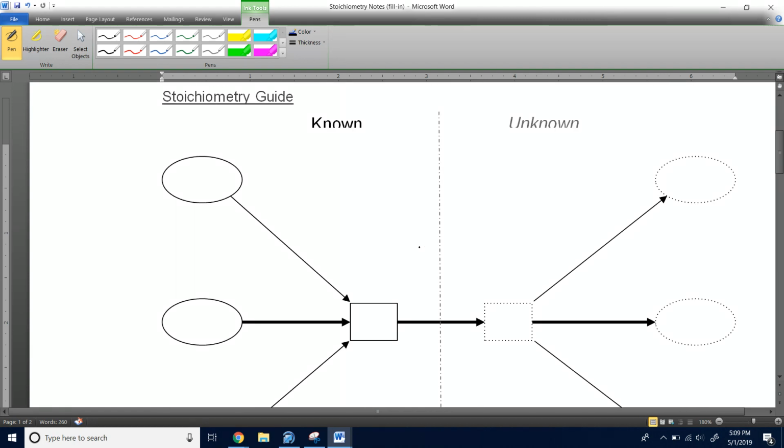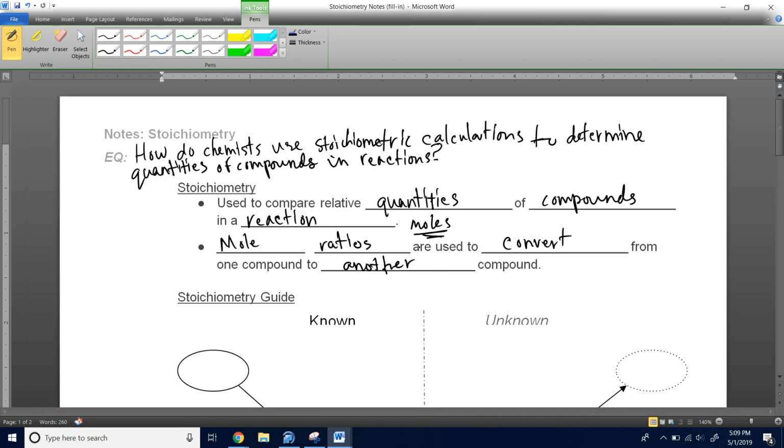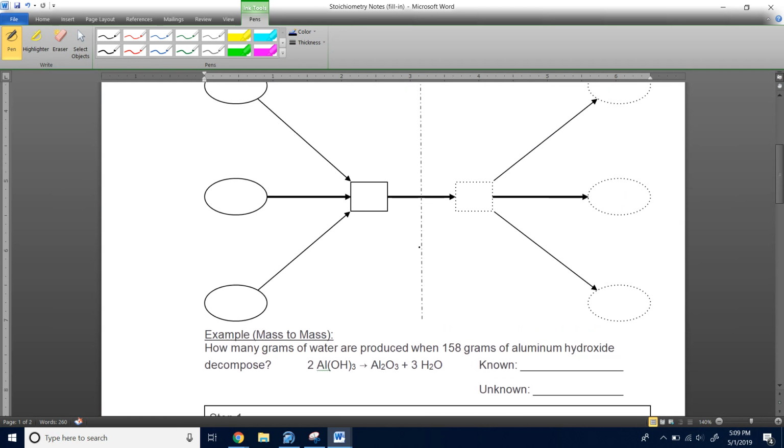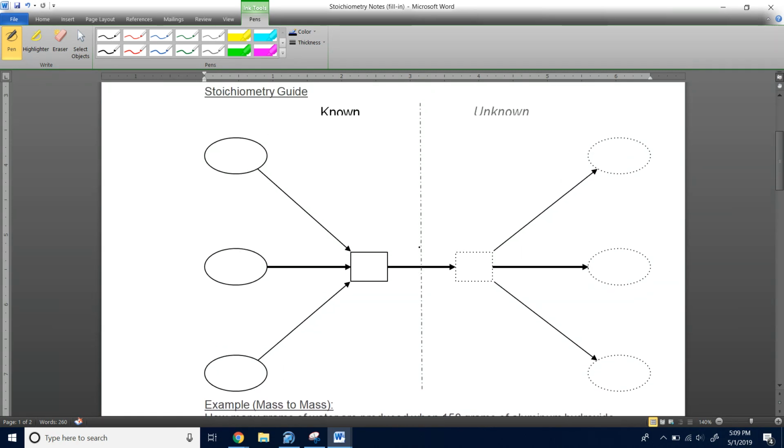So here's our stoichiometry, guys. In this part, I want you to think about these 8 circles as a roadmap. This is going to help us go from mass to moles to moles to mass, liters to moles to liters, or from mass to moles to liters.